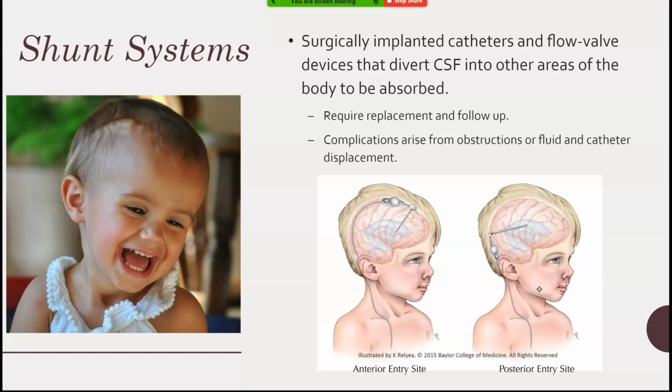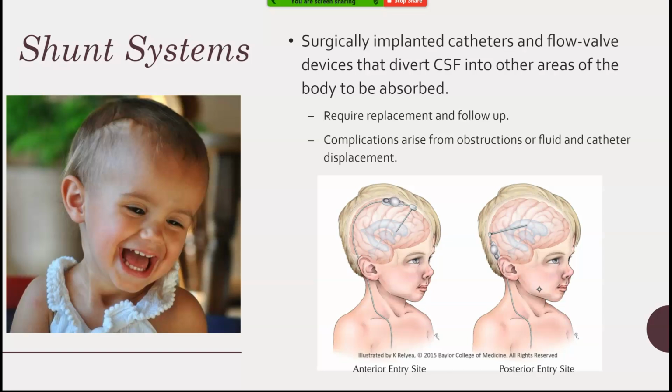This little piece on top, if you look in the picture on the right behind the ear, is the valve. They can adjust with a magnet how much cerebral spinal fluid is being drained out. So as they get older, or this level of cerebral spinal fluid changes, they can adjust so that they don't have to go back in for more surgery.